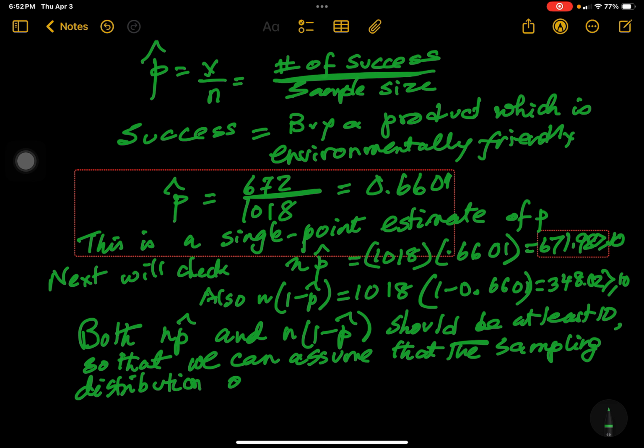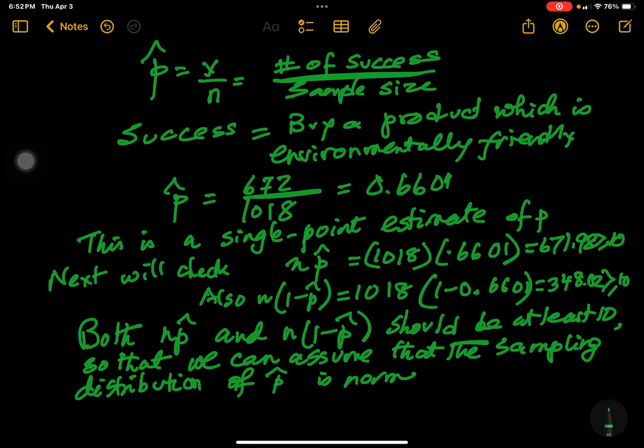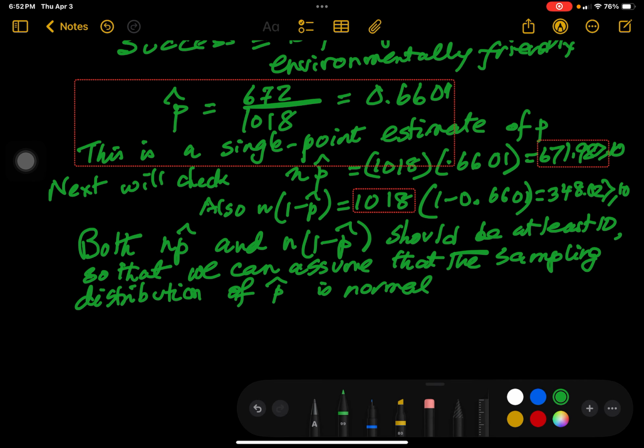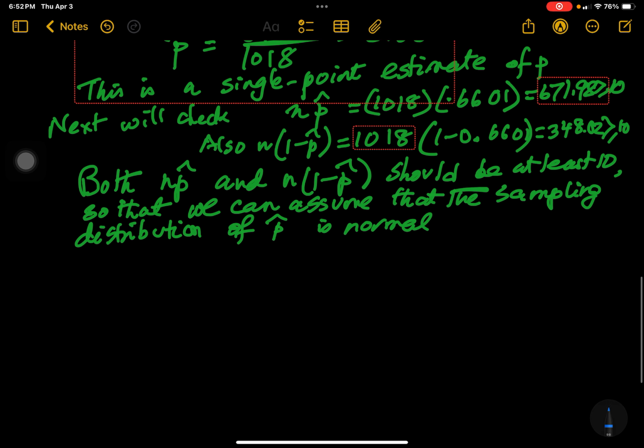P hat is normal. So let me change the color of my ink and then draw the sampling distribution again.